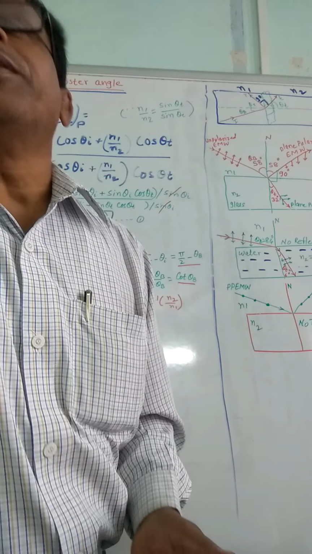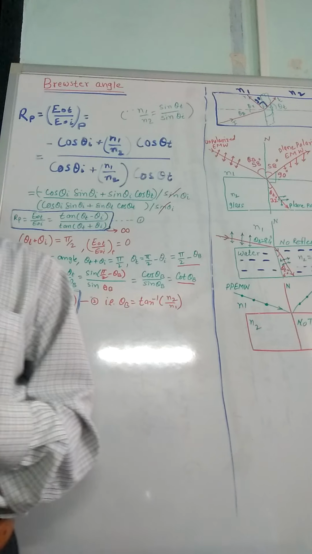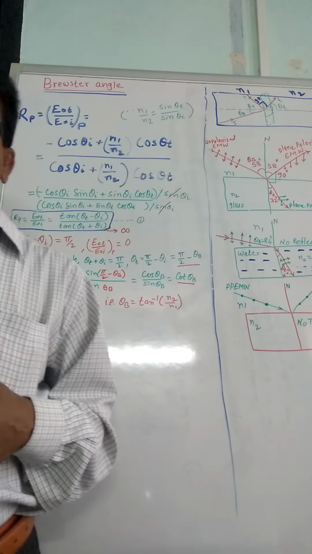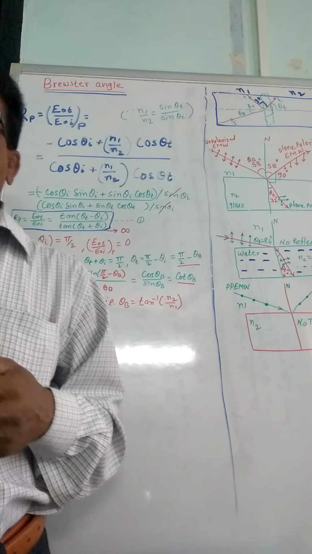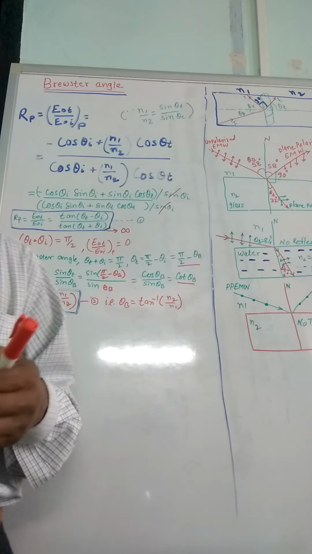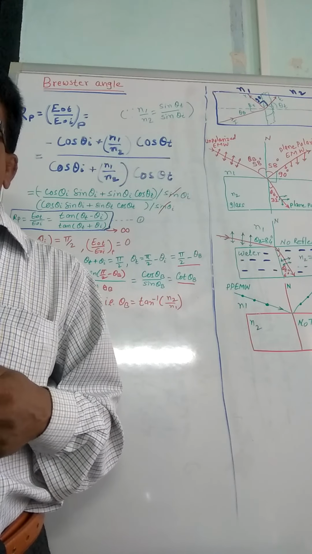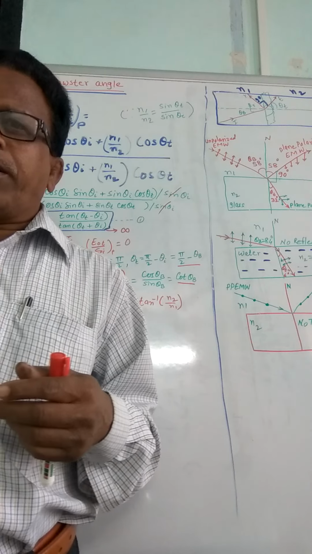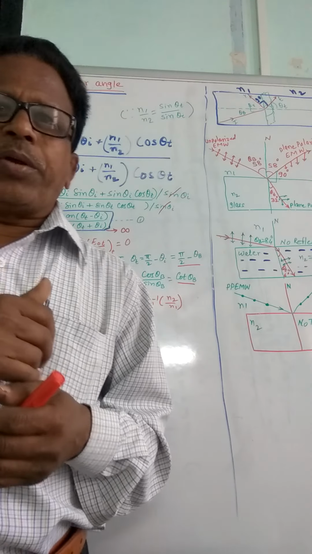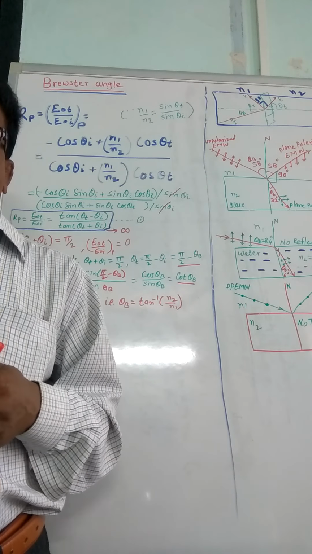So at radio frequency, if the refractive index of water is 9, the Brewster angle is 84 degrees, and theta_t, that is the refraction angle, is 6 degrees. So water will not reflect vertically polarized radio waves when the angle of incidence is 84 degrees.